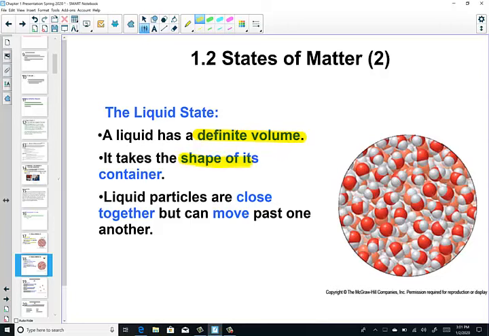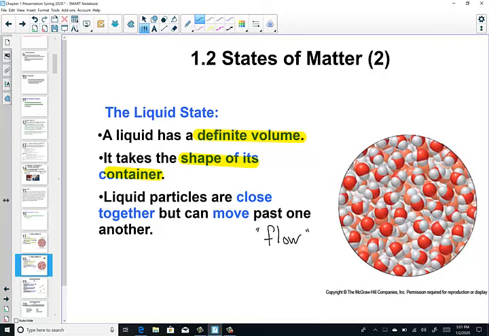However, it takes the shape of whatever container you put it in. So even though the molecules are close together, they can move past one another. And that vocabulary word is flow. Those molecules have the ability to flow past one another, therefore changing shape depending upon its container.